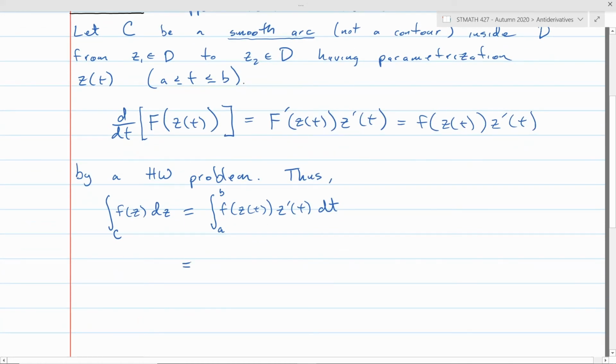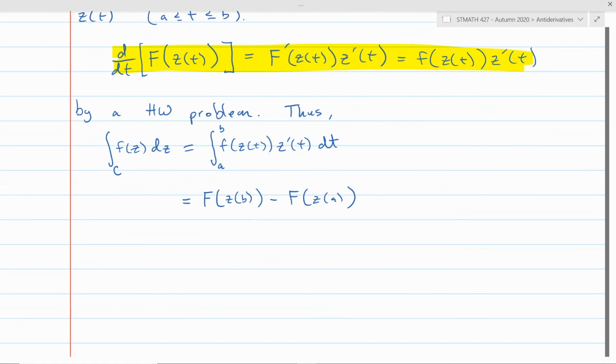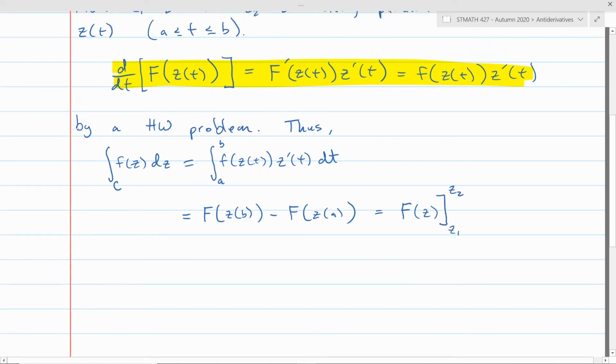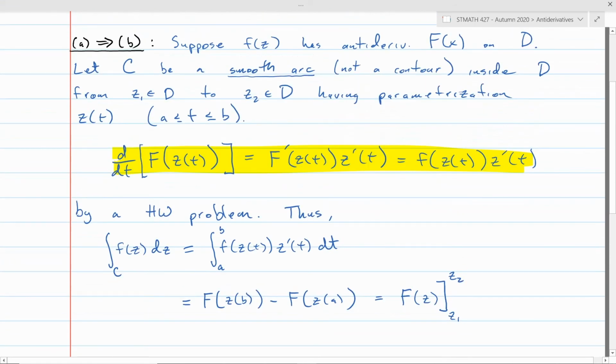But we know that this works out to be big F of Z of B minus big F of Z of A, because of this fact in yellow here. So this is just doing big F of Z evaluated from Z1 to Z2. Z2 is Z of B, and Z1 is Z of A for this particular parameterization.